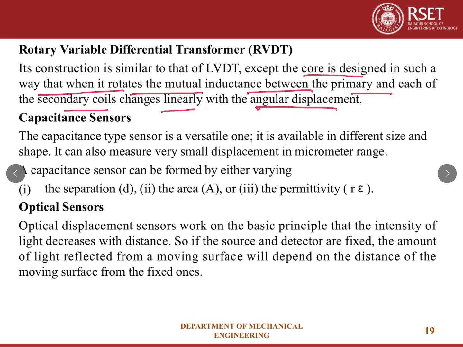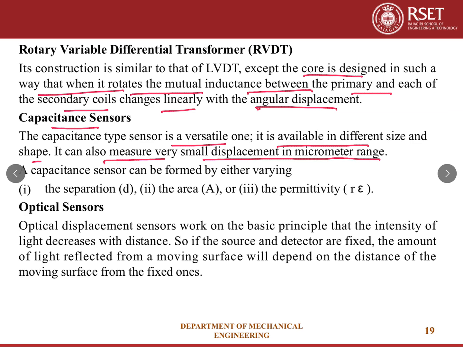Now we have a capacitive sensor, where displacement is measured. We have already discussed capacitive transducers. The capacitive type of sensor is a versatile one. It is available in different sizes and shapes. It can also measure very small displacement in the micrometer range.